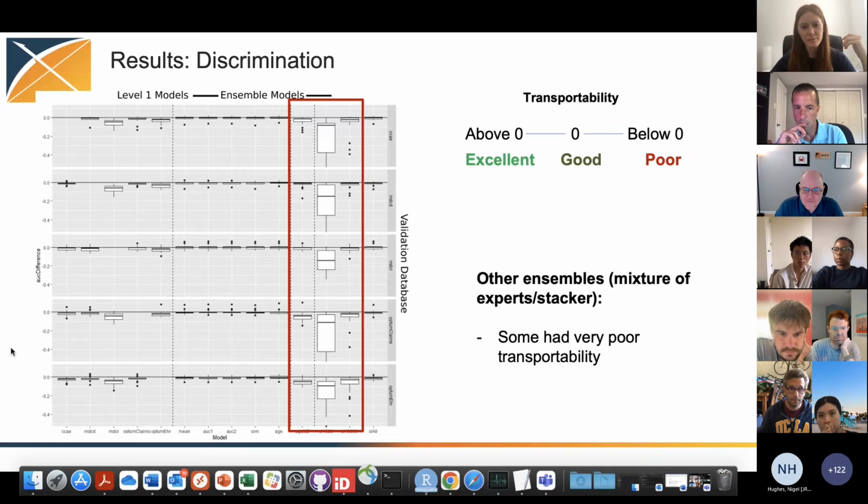The stacker here, in the red box, is what you get if you only had a small amount of data to learn the combinations, so to learn the logistic regression. If you didn't have enough data, the model did very poorly because it couldn't fit well. You could only really do well with the stacker if you had a lot of data, but in that situation, why not just fit a model in that database? So the fusion ensembles did extremely well for discrimination. The other ensembles didn't do quite so well.